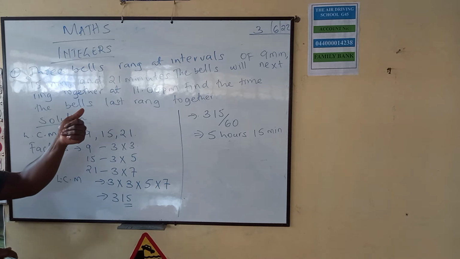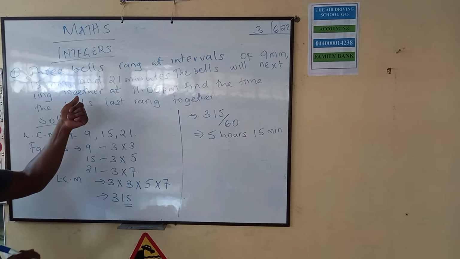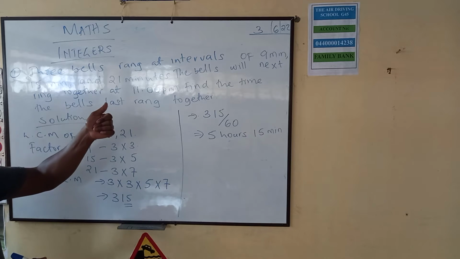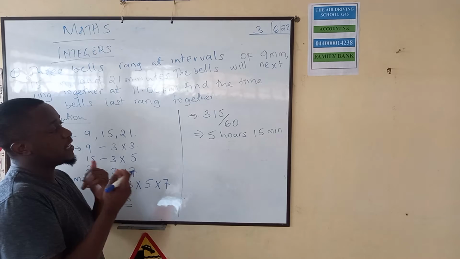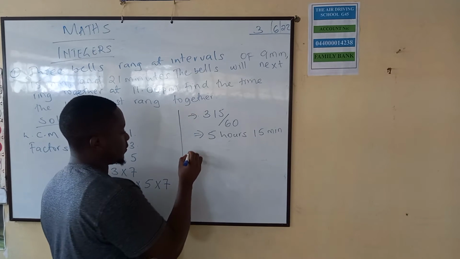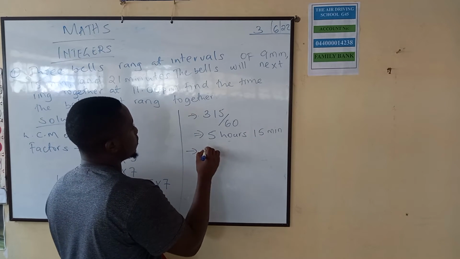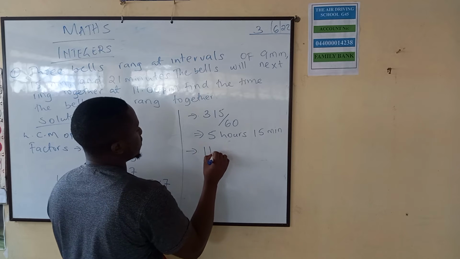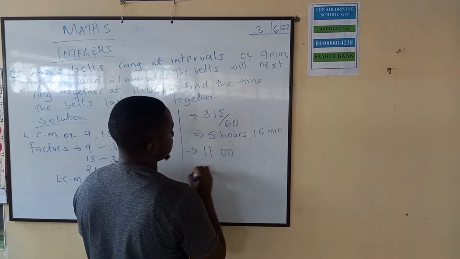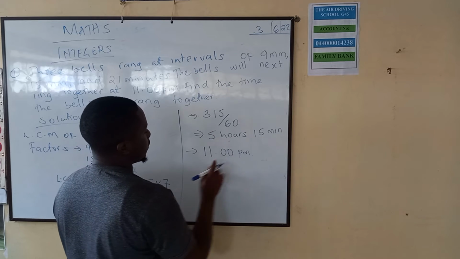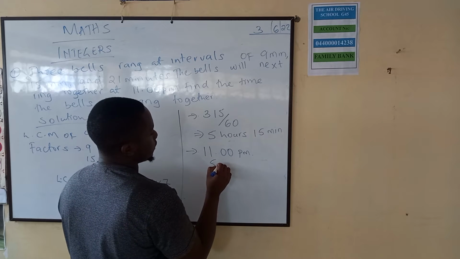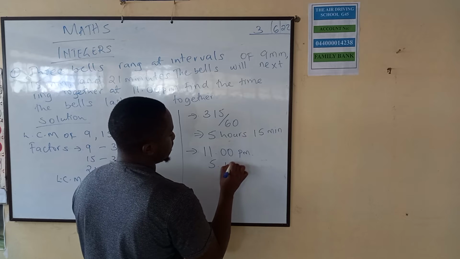From the question, the bells will next ring together at 11 p.m. So we need to find out what time they last rang together. We subtract: 11:00 p.m. minus 5 hours and 15 minutes.